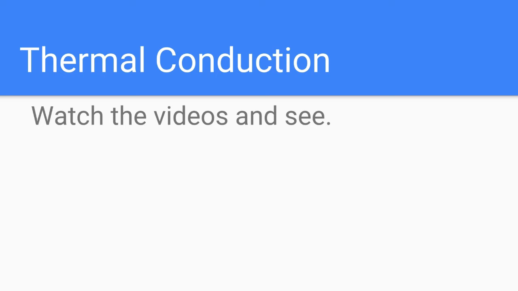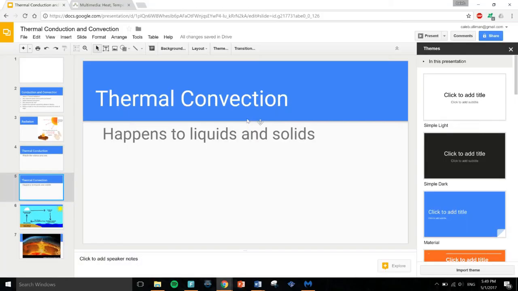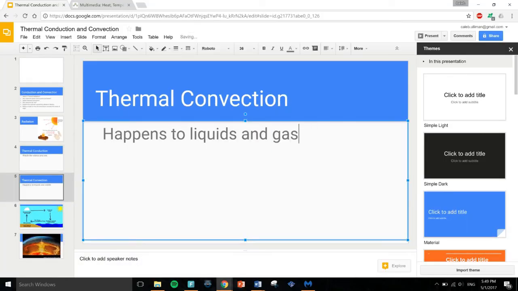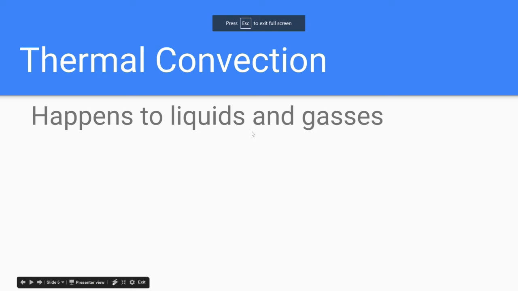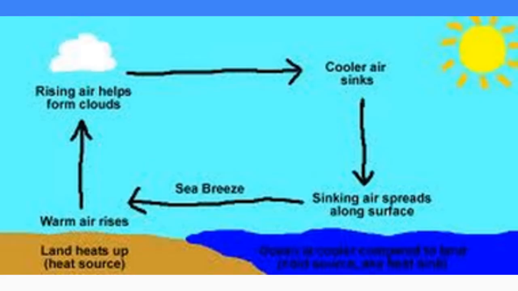So now things get a little bit more confusing when we start talking about liquids and gases. All right, with liquids and gases, they don't necessarily touch each other like two solids do to transfer thermal energy, right? So things happen a little bit differently. Here's a great example.